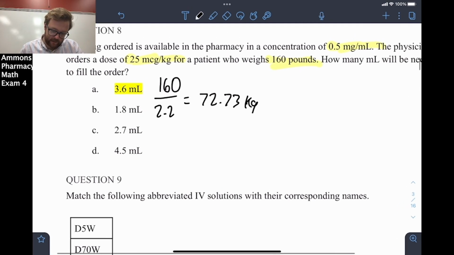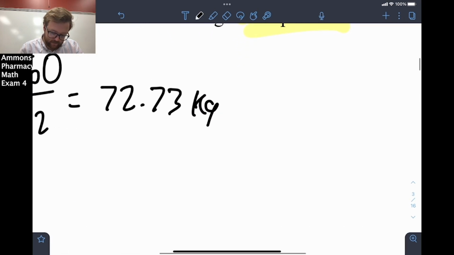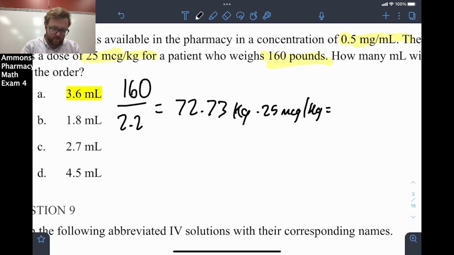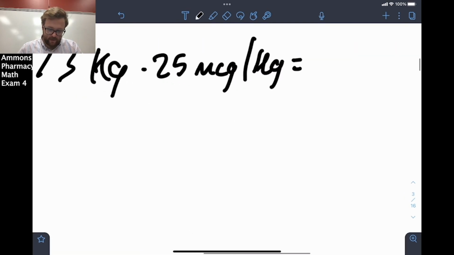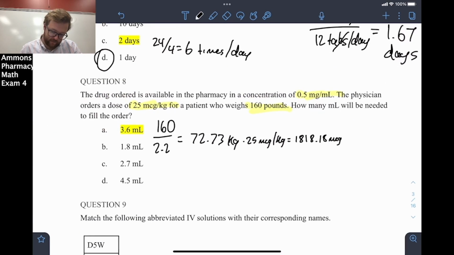Okay. He needs 25 micrograms per kilogram. So I'm just going to multiply that by 25, and that is 1,818 micrograms. Okay.